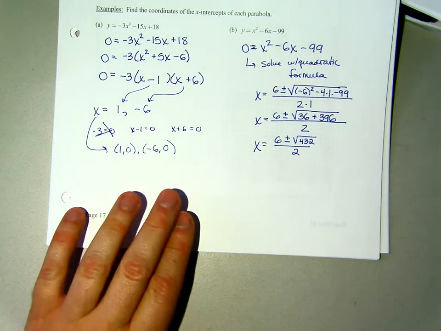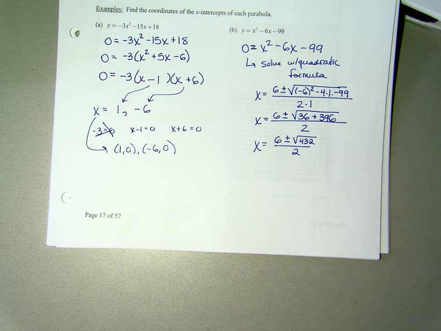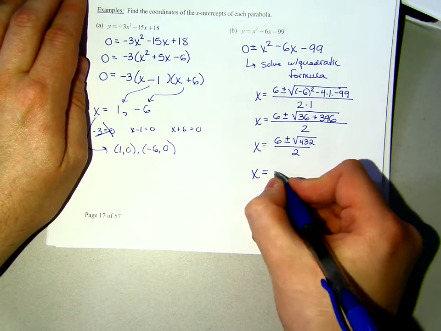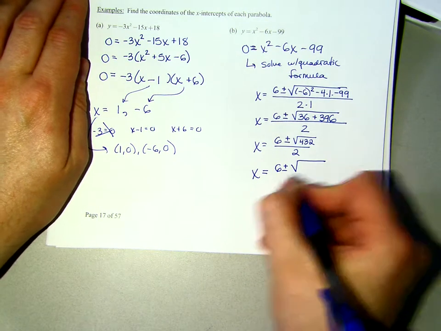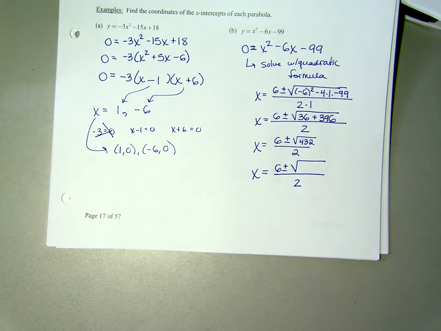So do some of that. Could you get 432 under your root? Start breaking things down. Look for some perfect squares inside there.